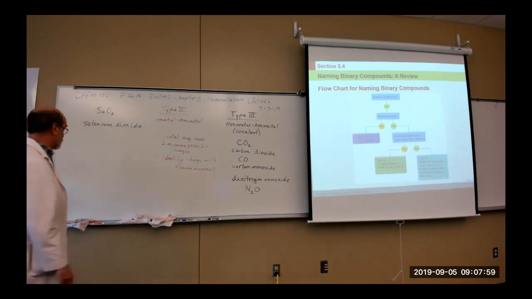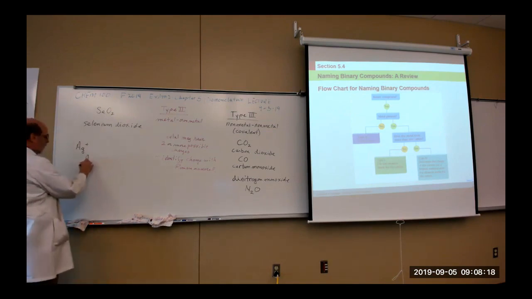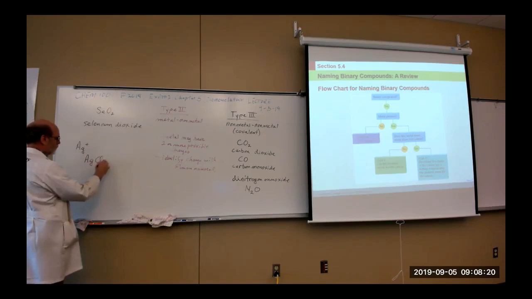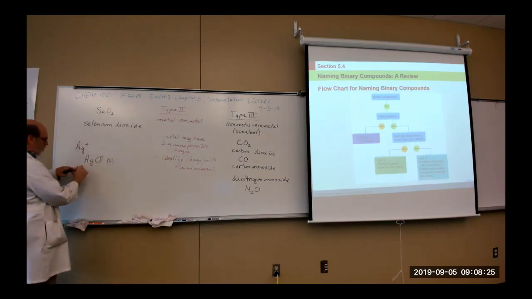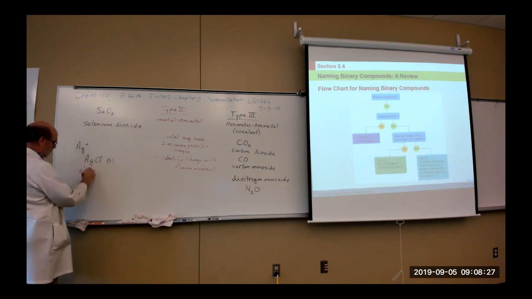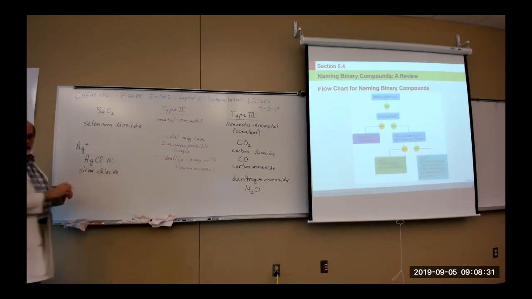Now, there are some exceptions. Silver is always +1, never anything else. So technically, you could use type 1 for silver. If we have a compound that's silver chloride, which happens to be a solid, then we could say silver chloride, and that would be it.